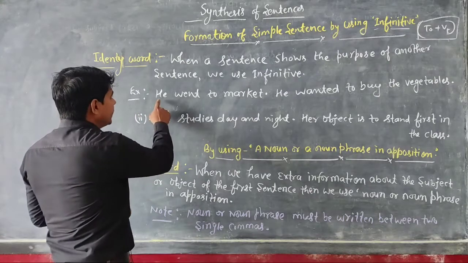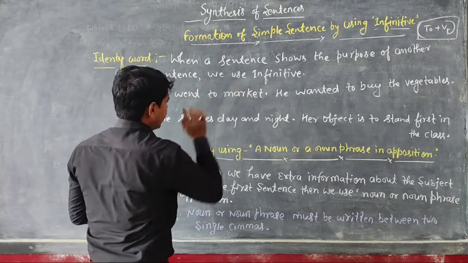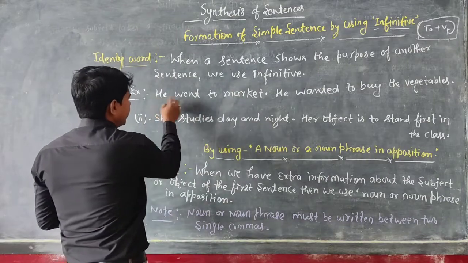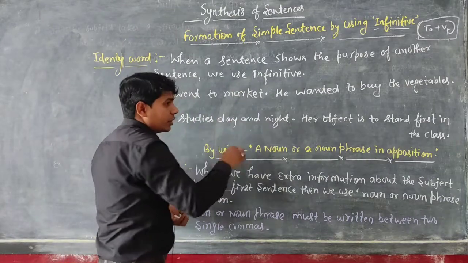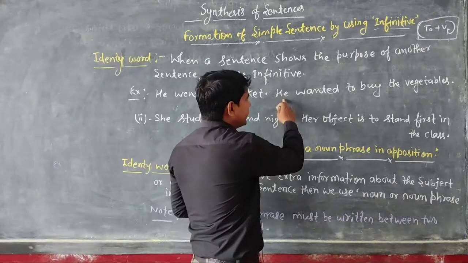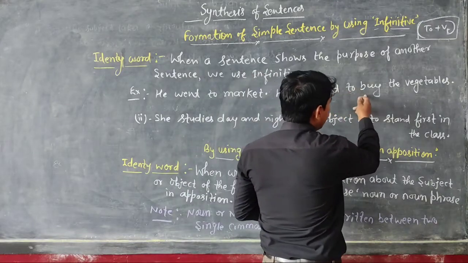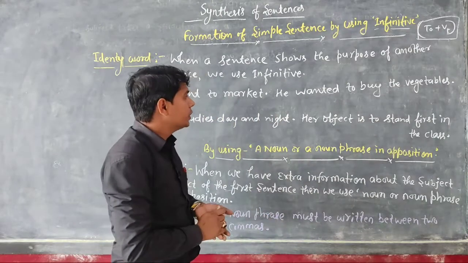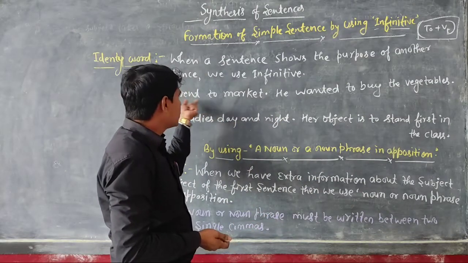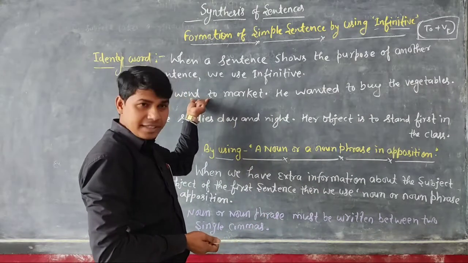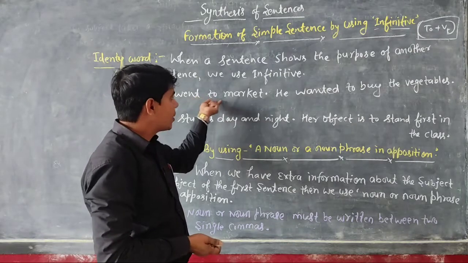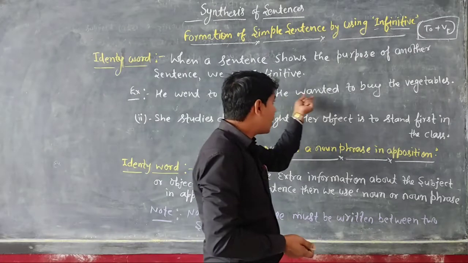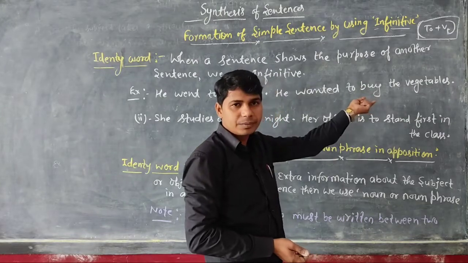The first one: He went to market. This is sentence number one. Now see the second sentence: He wanted to buy the vegetables. He went to market is one action, and he wanted to buy the vegetables is the second action.